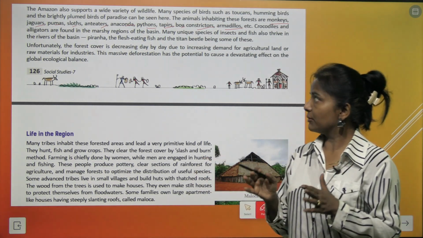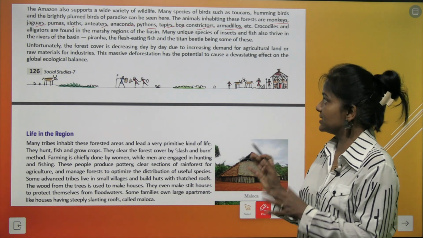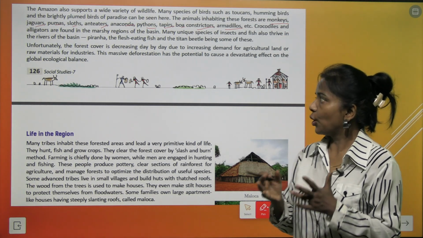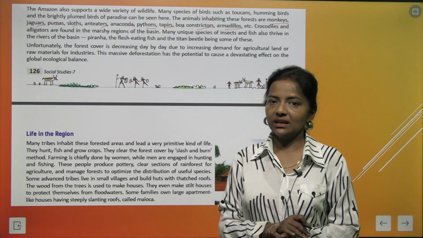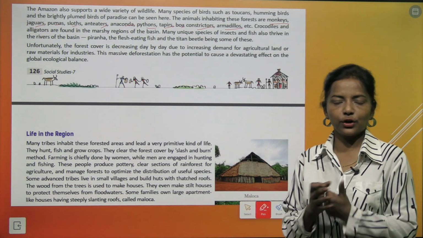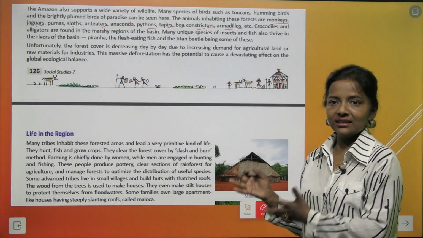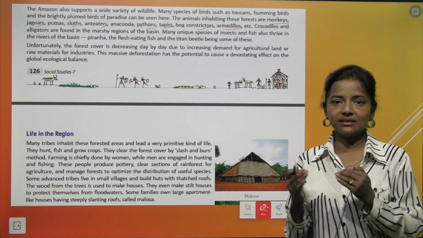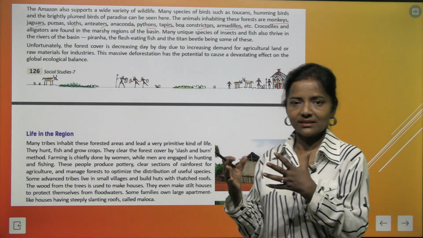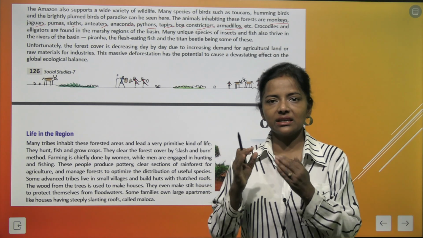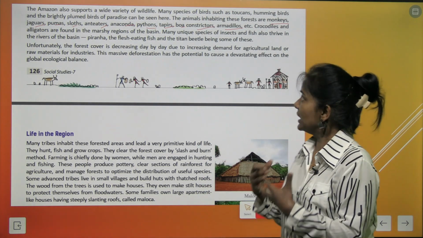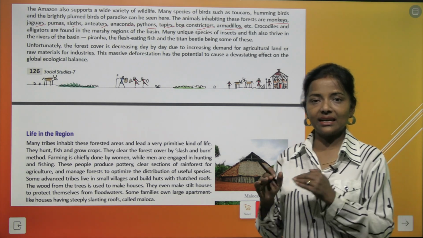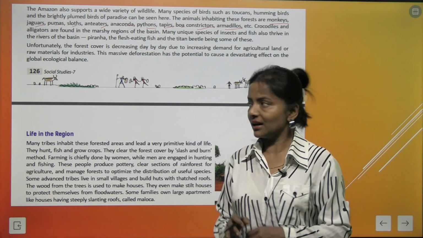Unfortunately, the forest cover is decreasing day by day due to increasing demand for agricultural land or raw materials for industry. लेकिन एक बहुत unfortunate बात ये है कि इतना dense forest धीरे धीरे कम होता जा रहा है. क्यों? क्योंकि agricultural land की demand ज्यादा हो रही है, इसलिए the trees are being cut down.